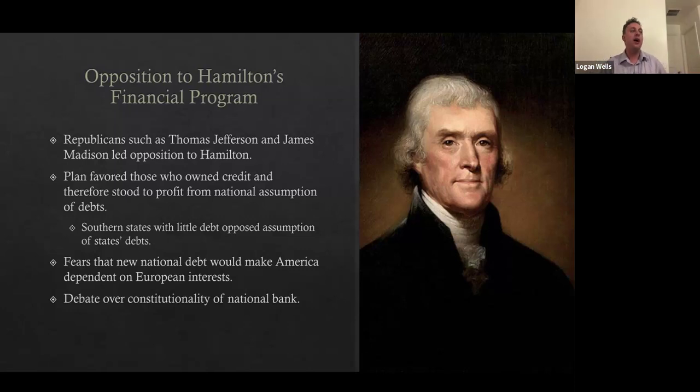As we'll talk about, Hamilton uses Article 1, Section 8, the necessary and proper clause, saying that we need to pass laws and programs that are necessary and proper to fulfill our other duties, in order to collect taxes and regulate the financial affairs of the United States. It is necessary and proper to establish a bank in order to fulfill our other duties. And that is an argument that many people put forward even to this day.